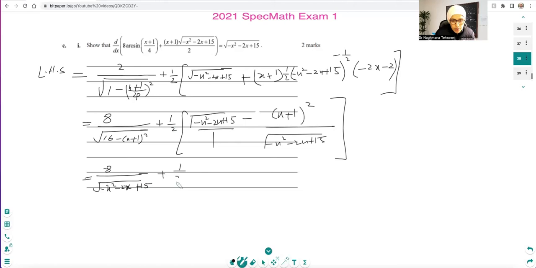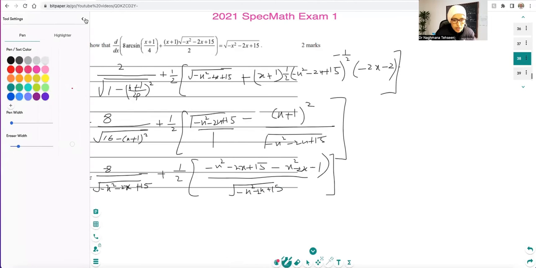So this will be 1/2, and then that will give me -x² - 2x + 15 minus x squared and minus x minus 2x plus minus 1, divided by the -x² - 2x + 15. Okay, so now we see if we can simplify that.